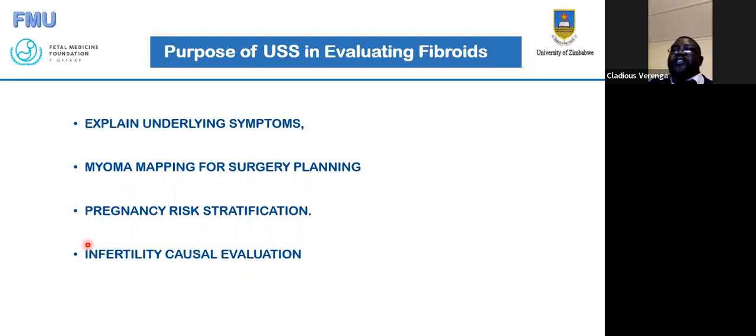So always take a brief history on the patient if you don't have time. But if you have time, take a detailed history of the person you want to scan, so that you know why you are scanning. This may even help you in terms of the kind of scan, the kind of issues you want to diagnose.